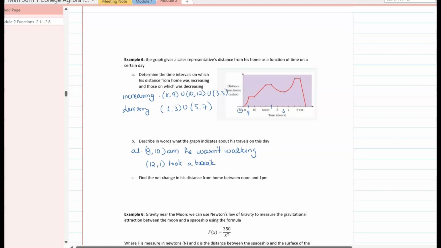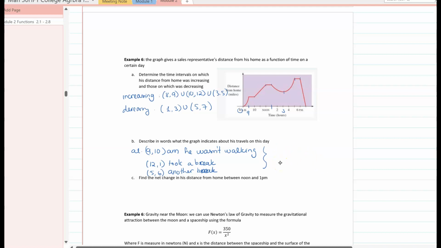And then he took another break from 5 to 6. So his distance was increasing: he started walking from 8 to 9, and from 10 to noon, and from 3 to 5. Then he started heading back from 1 to 3 and from 5 to 7.